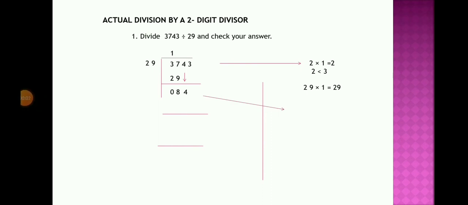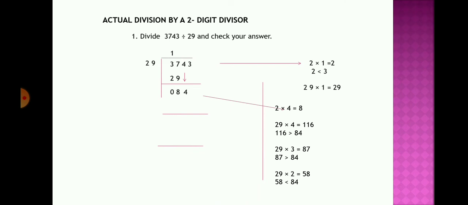Children, now let us take 2 as divisor and 8 as dividend. From the table of 2, we can find the estimated quotient as 2 fours are 8. Now, you just try with 29 four times.